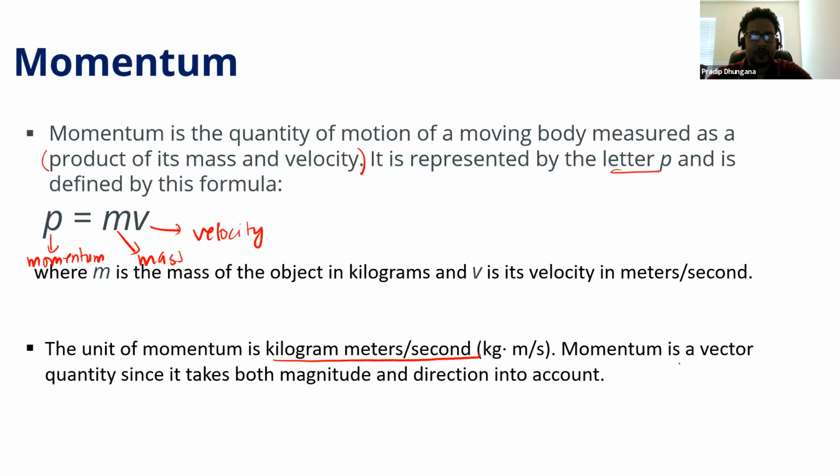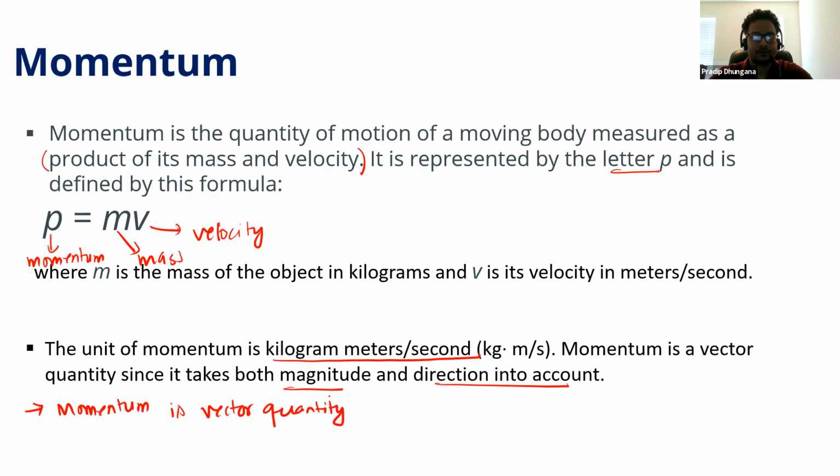Momentum is a vector quantity since it takes both magnitude and direction into account. So it is a vector quantity. You can write that note in your notebook: momentum is a vector quantity.